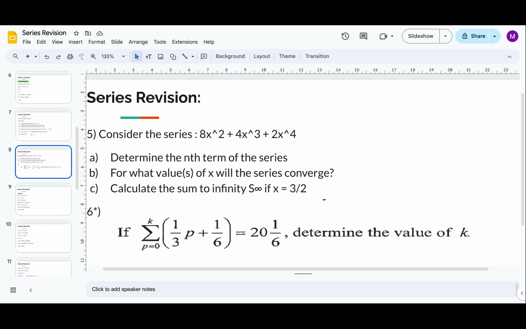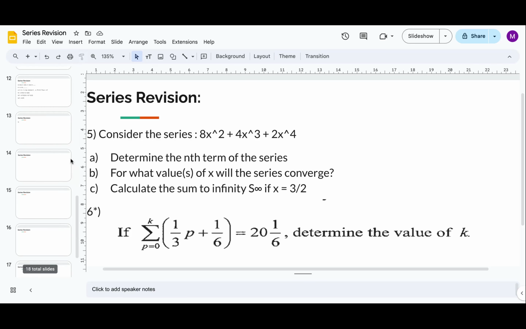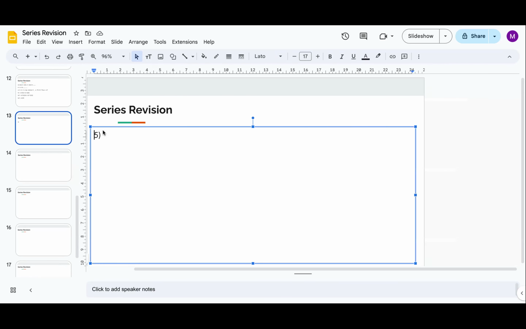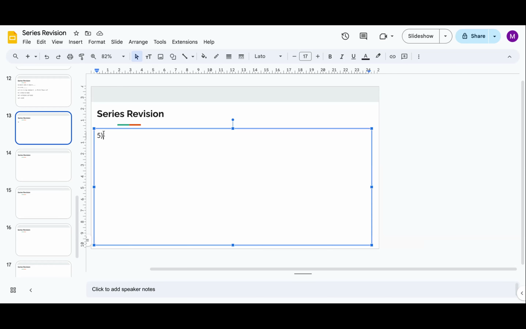So there are three subsections of question 5. The first question asks us to derive the general term. Now, the general term is the general pattern, which is our Tn.